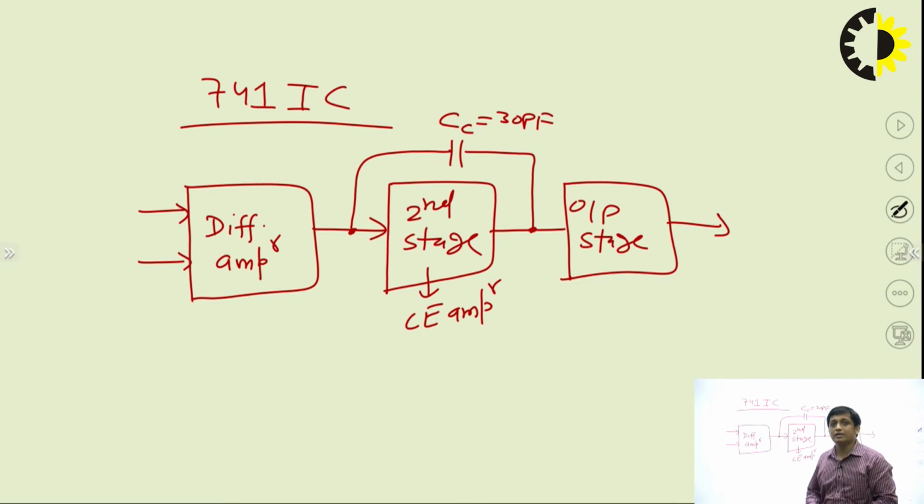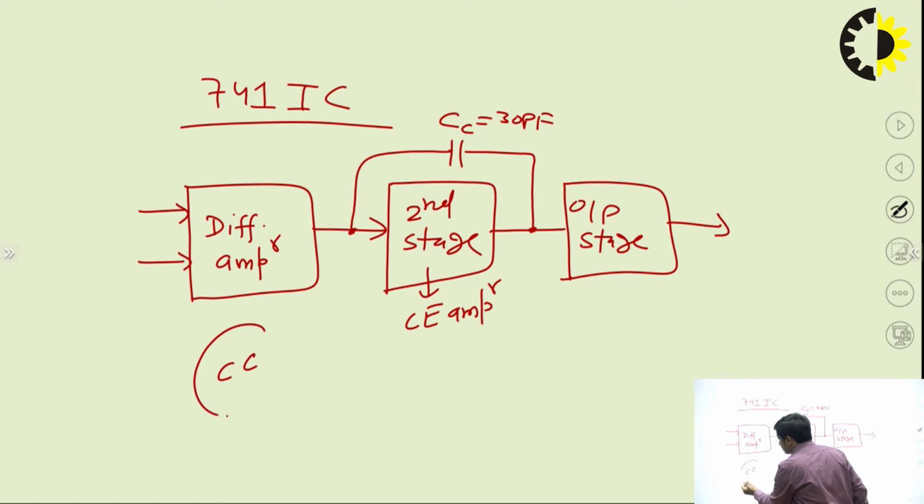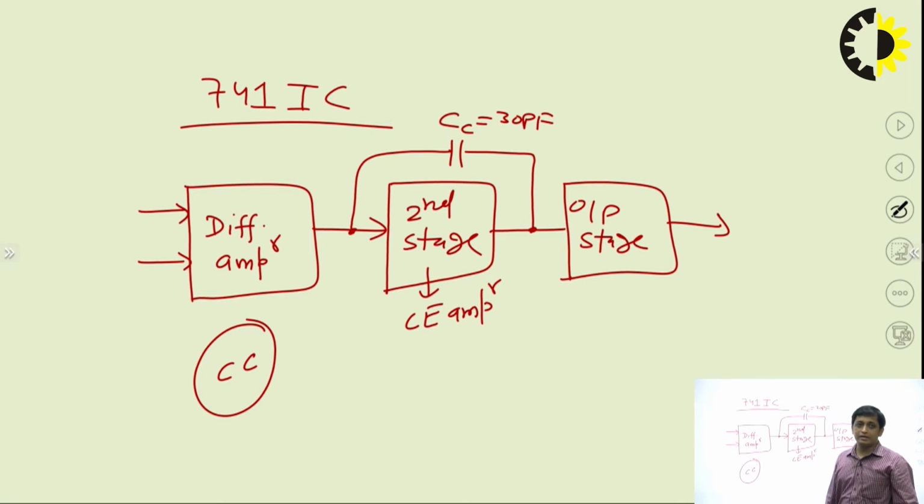The input transistors are in common collector configuration. If you see the internal circuitry of 741 IC, you will see that the input transistor of the differential amplifier is the common collector. The input transistor means the transistor at which we are applying the input signal, right? That is again the common collector, and in the output stage that is again the common collector.